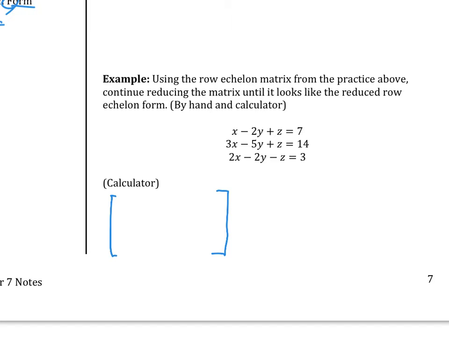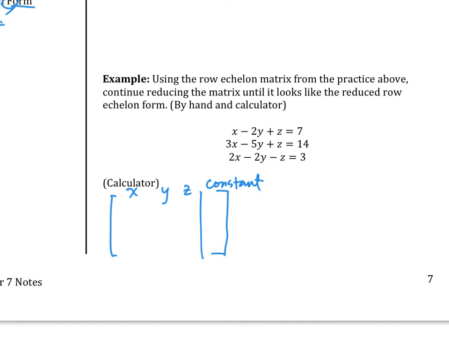So for example, in this big matrix, you're going to put the coefficients for x in this first column, y in the second column, z in the third column, and then after that is the constant. And then make sure it's always in order.